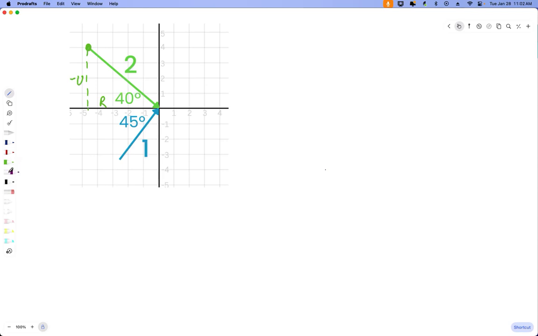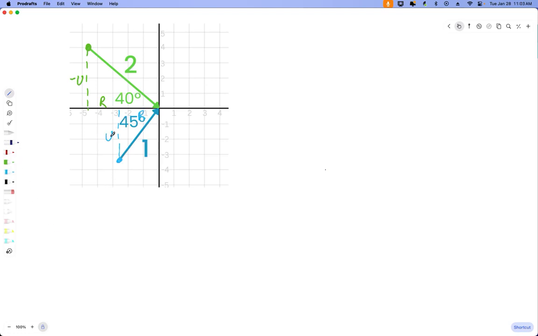All right, and then this one, let me change the color. We've got this right here. It's starting here and going that way. So it's going up, so that's a positive U, and it's going to the right, so that's a positive R. Does that make sense?